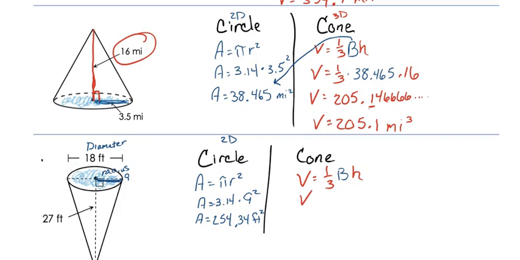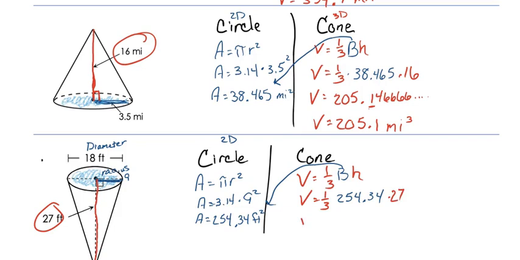So volume equals 1/3 of, I'm going to go ahead and go back. This capital B is this number here. So 254.34 times how tall? Well, how tall is my cone? My cone is right here, it's 27, right? From the center of the base, all the way to the tippy top, 27.